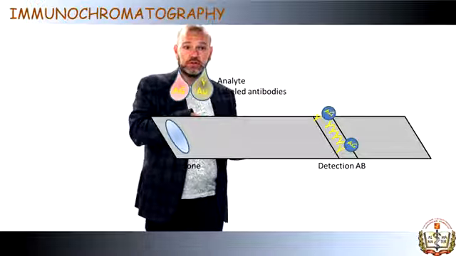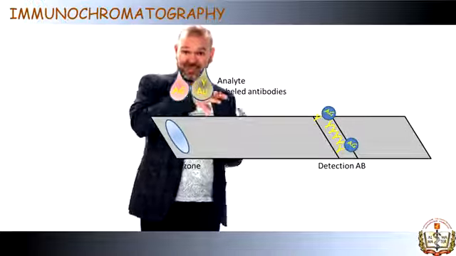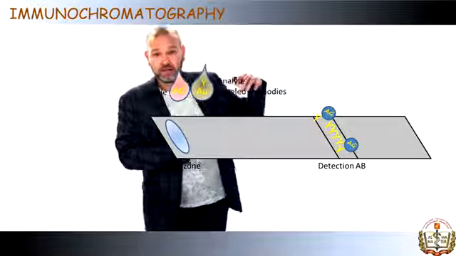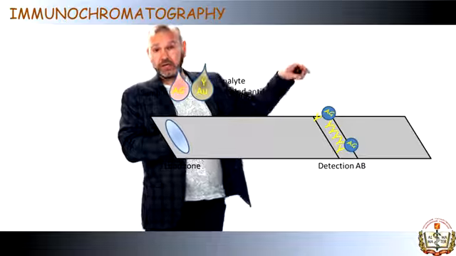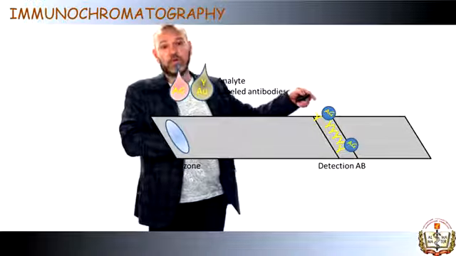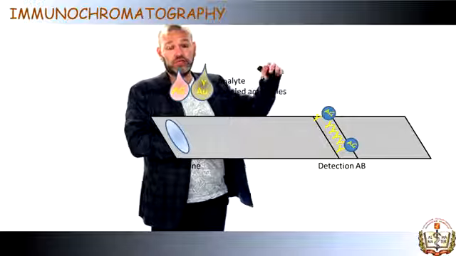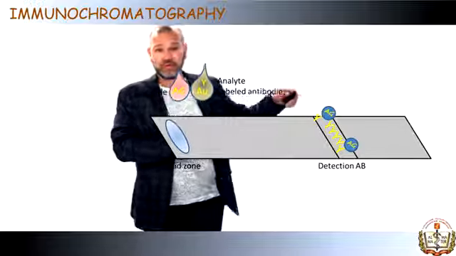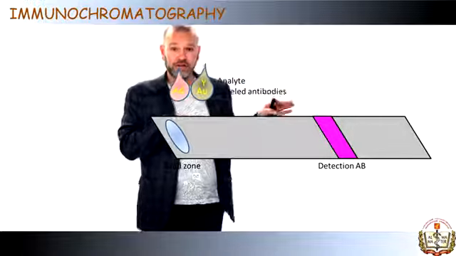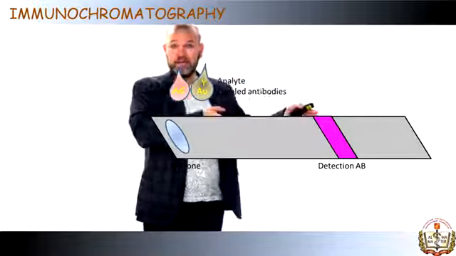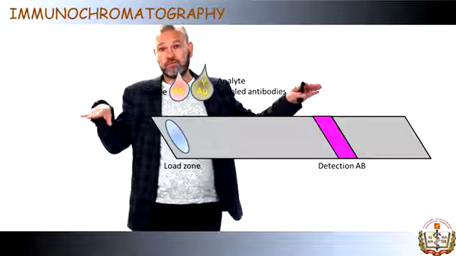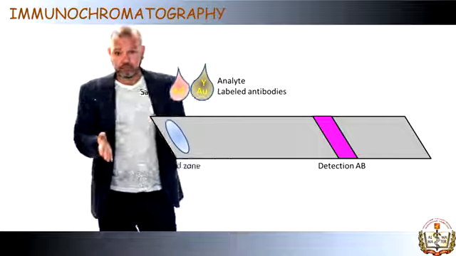And when it reaches the detection antibodies, they will fix the antigen and bind here, and you know that position. And when the immune complex is formed, that conjugate, gold or latex particles, will generate routinely red or purple or blue lines. If you have that line, your sample is positive. No line, complex not formed, negative.